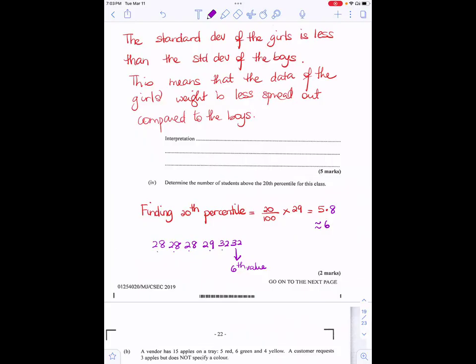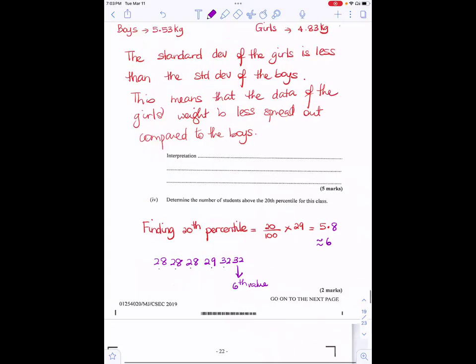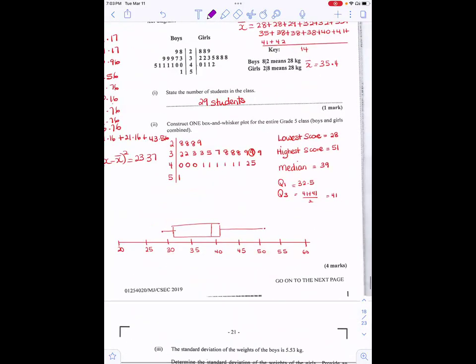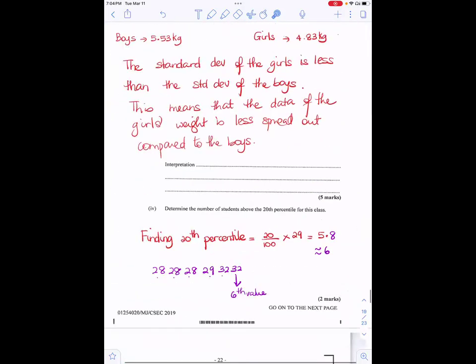So the number of students who scored 32 and less. Let me go back here. 32 and less would be 1, 2, 3, 4, 5, 6. The sixth value is 32. So therefore, the number of students who scored more than 32 would be 23. So your answer would be correct, Shazad.